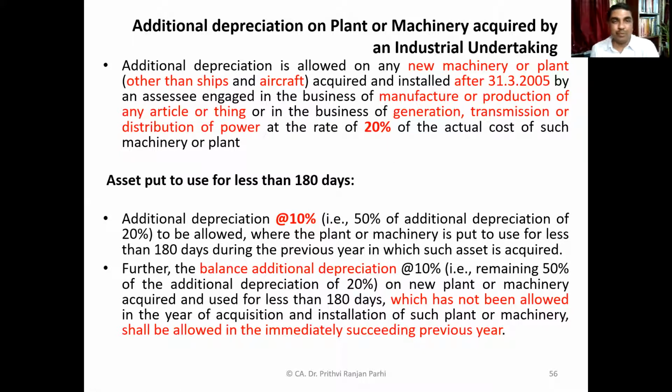One thing: if that new asset is used for less than 180 days, then 50% of the additional depreciation, that is 10%, will be allowed. It's normal depreciation plus additional depreciation. So with that, what will happen? Profit of the business will come down significantly, with less tax burden.